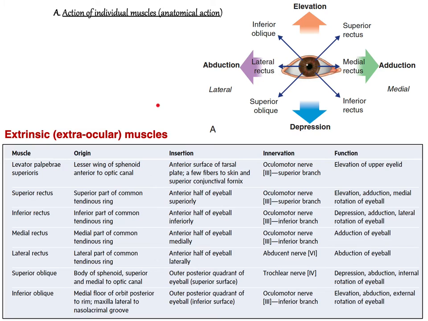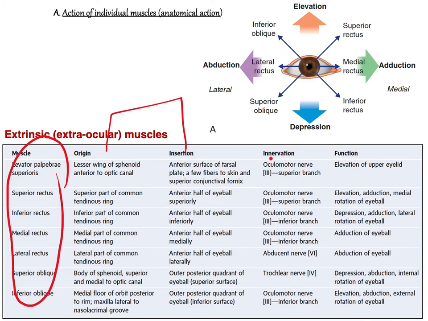Now, yes, you need to know these muscles, and already I explained the origin and insertion, so they are easy for you if you want to read it, and the innervation, which is very important, right?